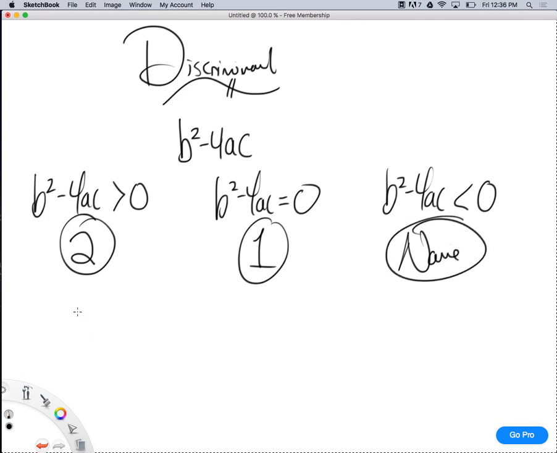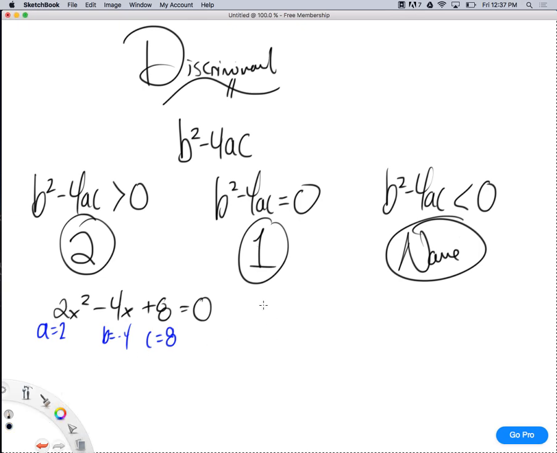So I might ask you to find the discriminant of something like this. 2x squared minus 4x plus 8. I say find the discriminant. Well, you identify a as 2, b is -4, and c is 8.